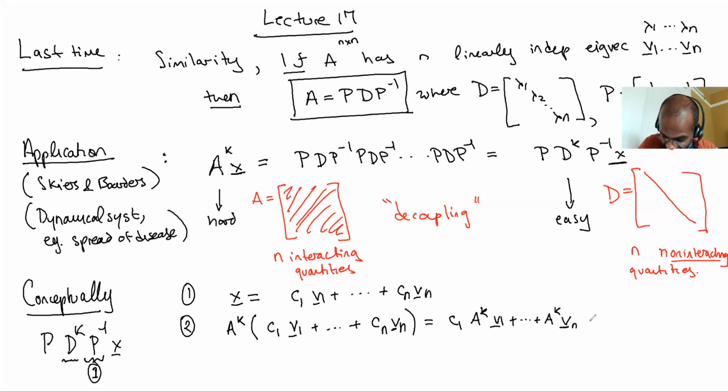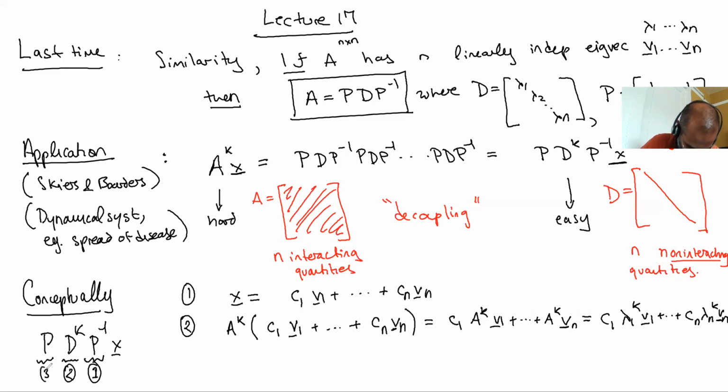But now, because of the eigenvector property, these just become scalars. So when you express the vector in this eigenbasis, matrix multiplication becomes scalar multiplication. So taking a power of a matrix just means you multiply each of these coefficients by the power of that eigenvalue. So this is step 2.